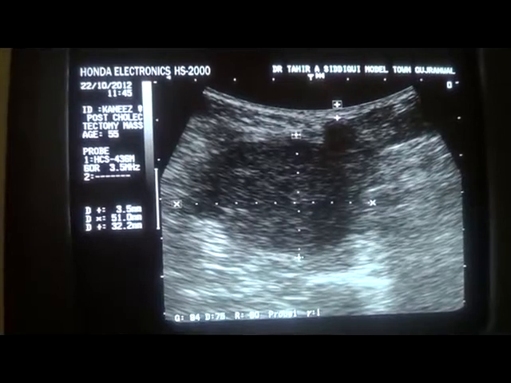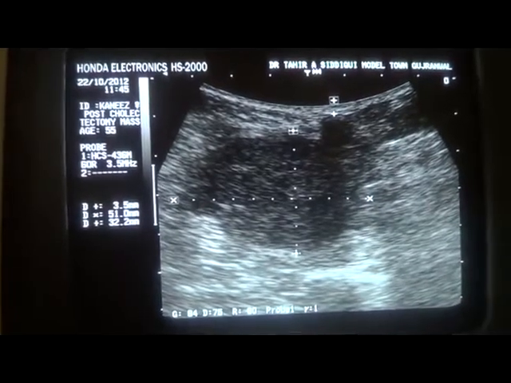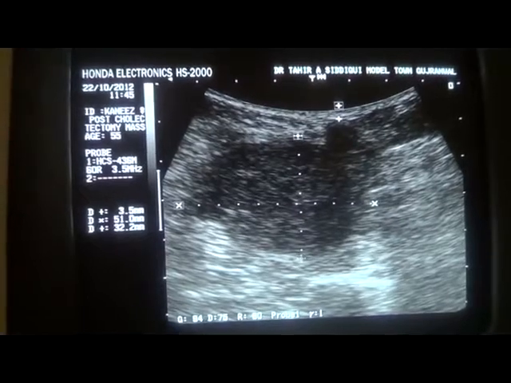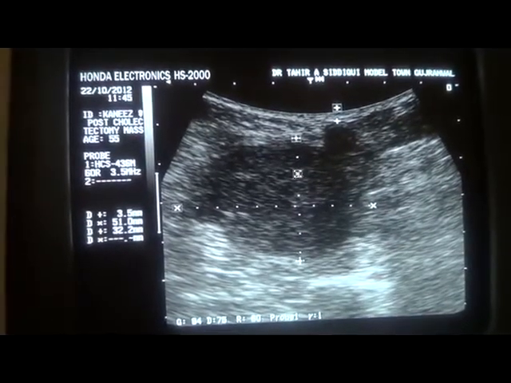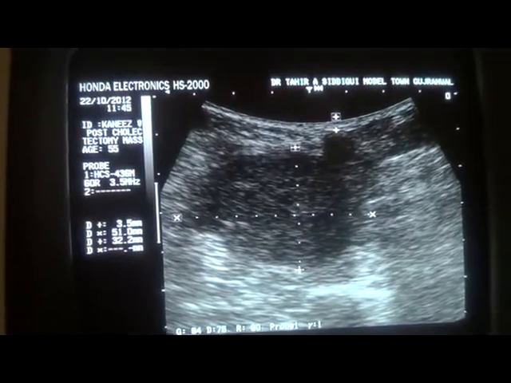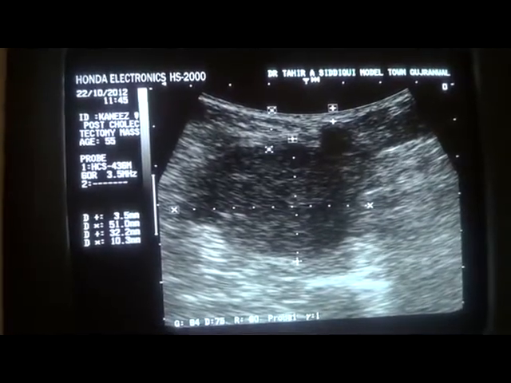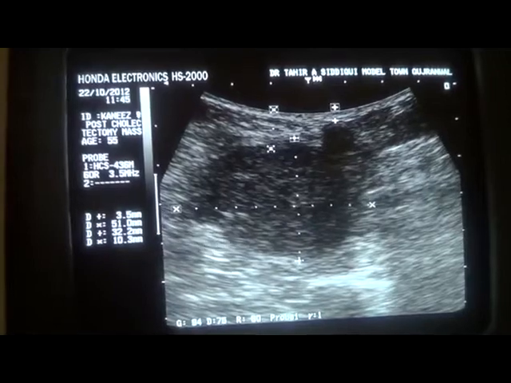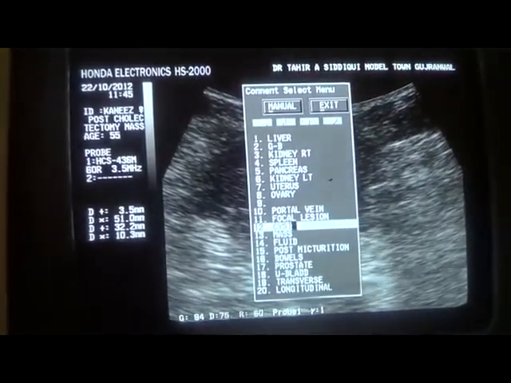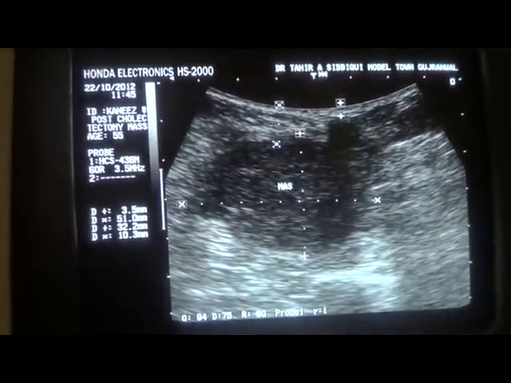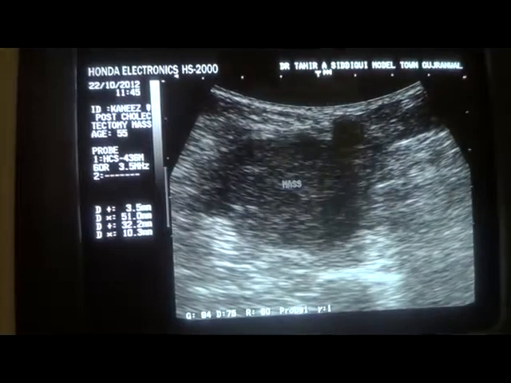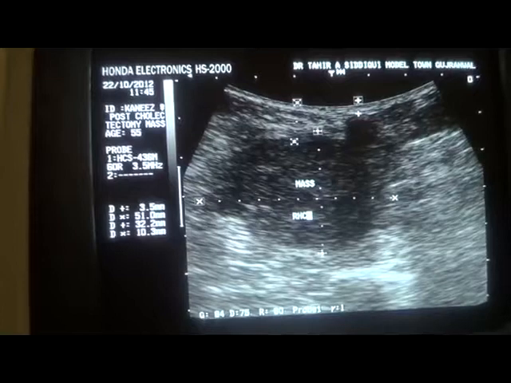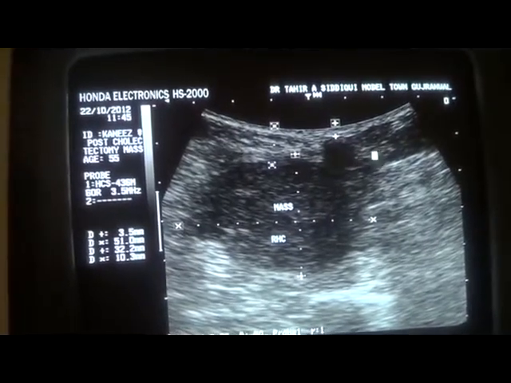So this is the extension of the mass, and this mass is 10.3 millimeters from the skin in the region of the right hypochondrium, with these being the extensions.